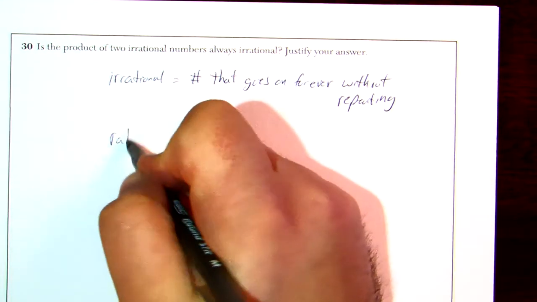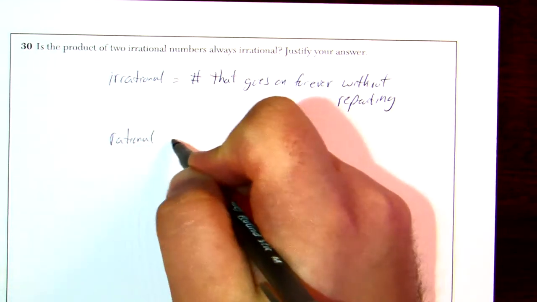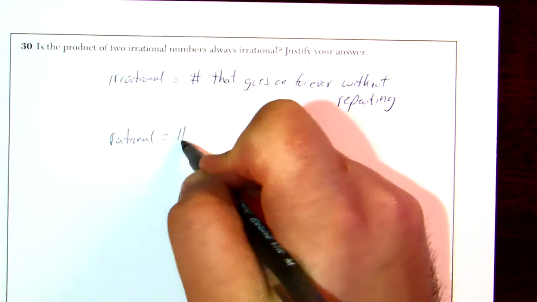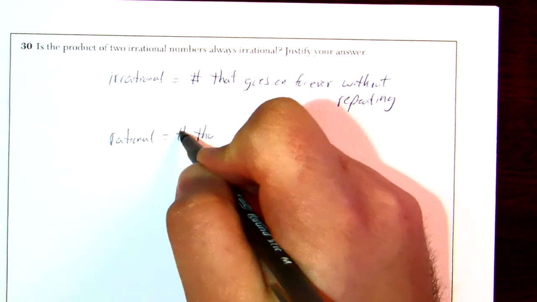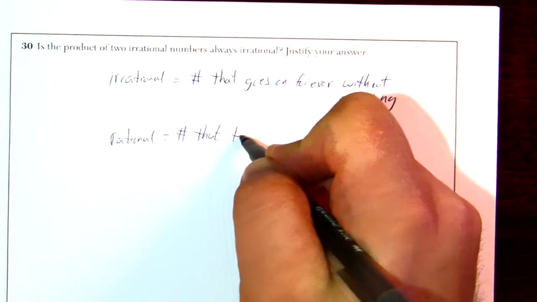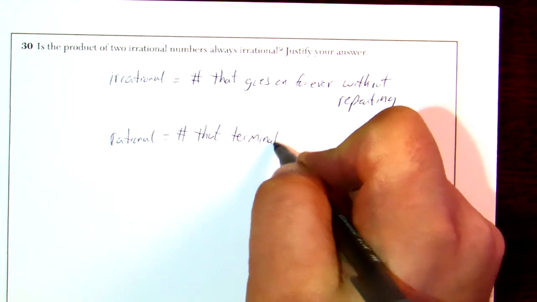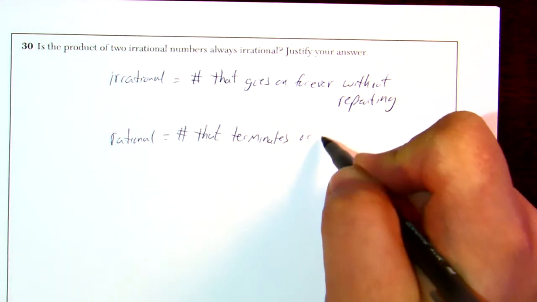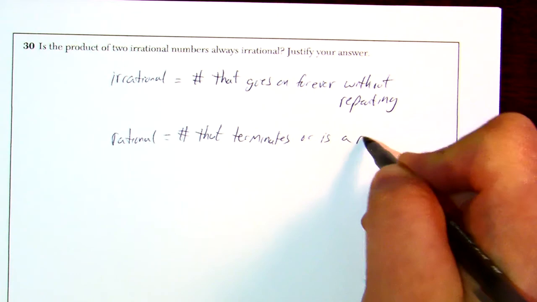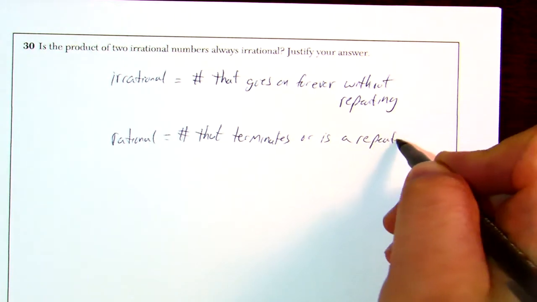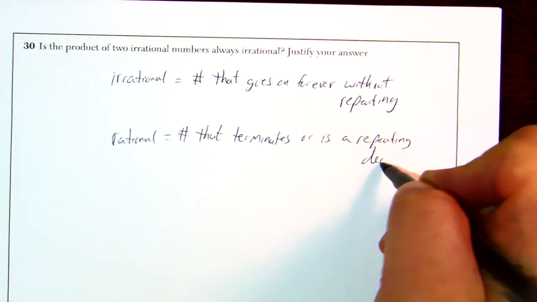A rational number is a number that terminates or is a repeating decimal.